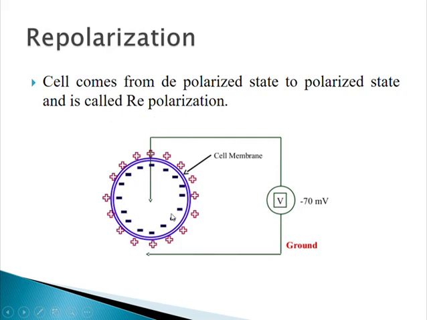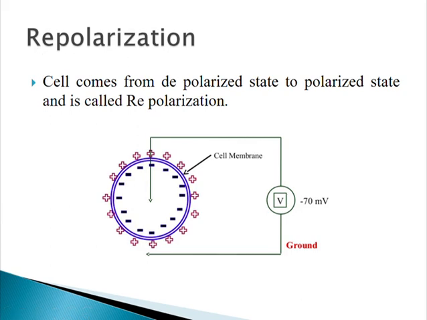Again the inside of the cell becomes negatively charged, as the chloride ions are present inside the cell, and the outside of the cell is positively charged, as the sodium ions are outside the cell. So when the cell again comes to its original state, that is called repolarization.